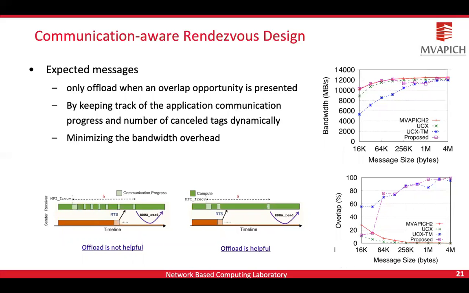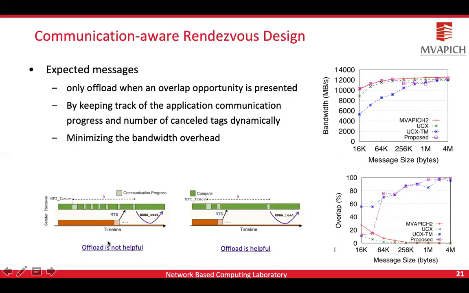So here we would like to briefly talk about the first design for expected messages. The basic idea behind this design is that we would like to only offload the receive request when we expect to see benefit by offloading it, which means that we expect to see overlap of communication and computation.